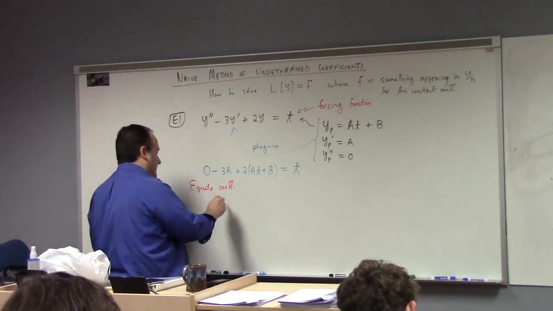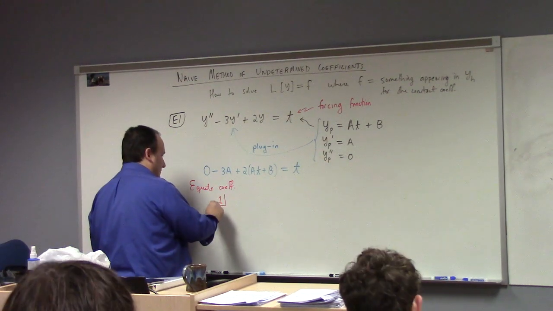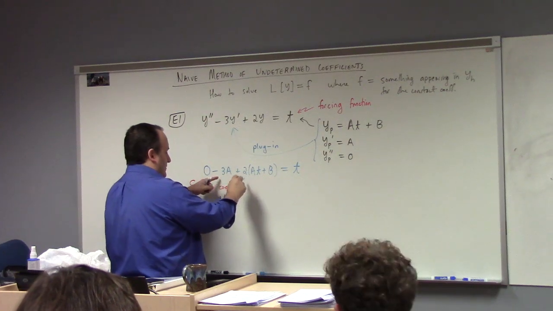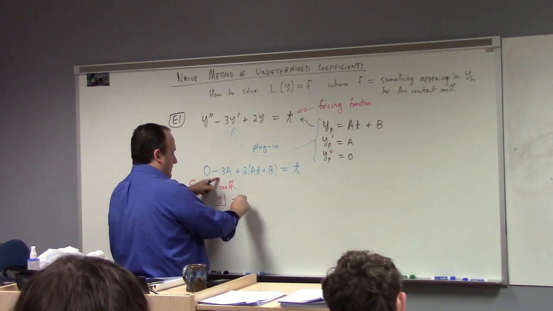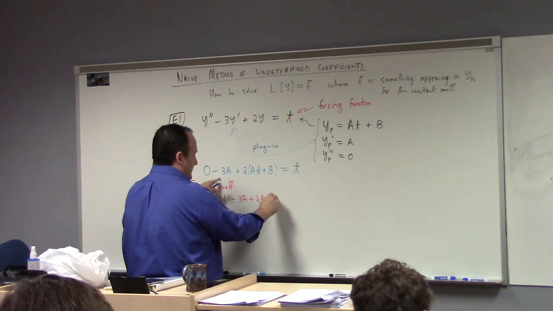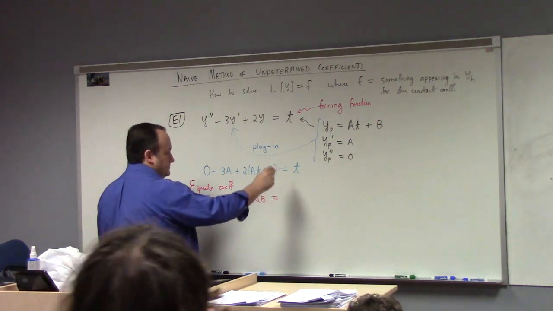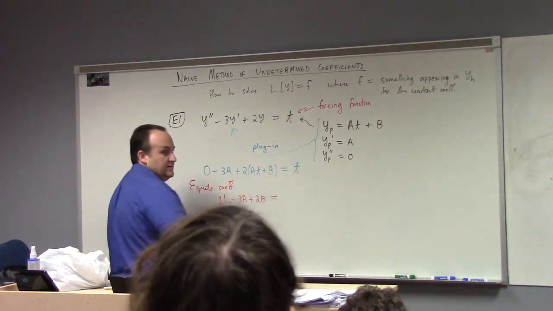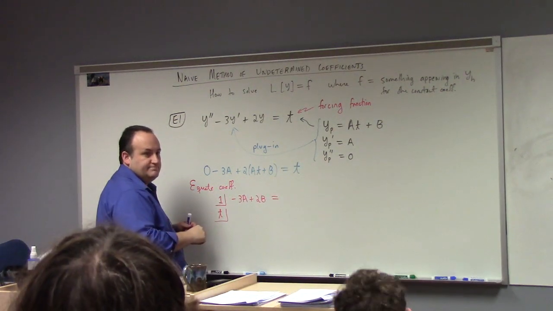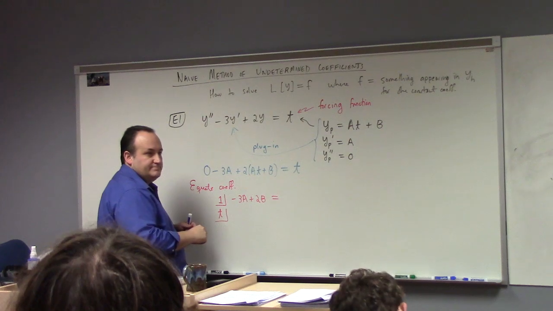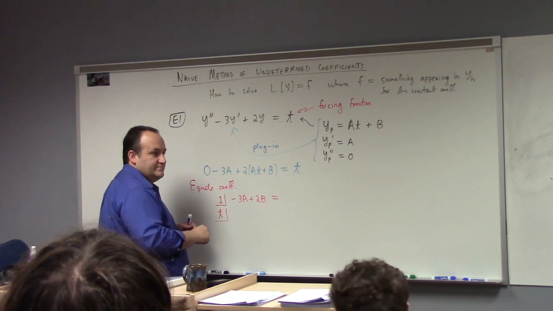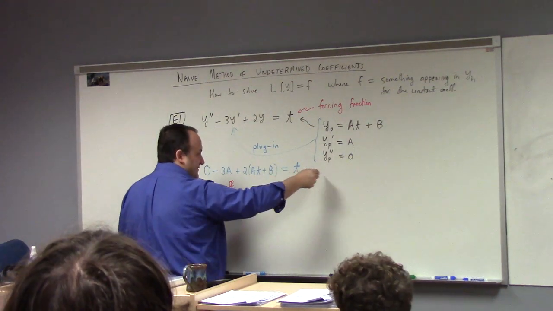So if I look at this from the constant term, I get minus 3a plus 2b. What's the constant term on the other side? What's the constant over here? What's the constant term over here?